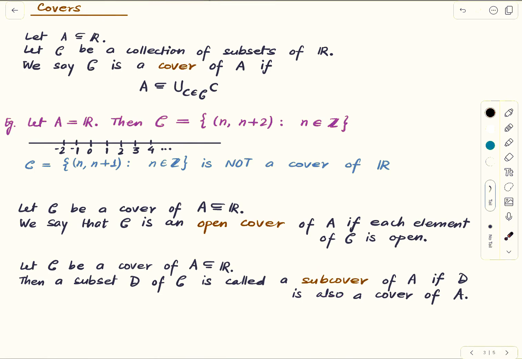Before I proceed and state the Heine-Borel theorem, let me make a very simple remark that if C is a cover of A and B is a subset of A, then C is also a cover of B, clearly. So if something covers A, then it also covers every subset of A. Very, very simple fact. All right.